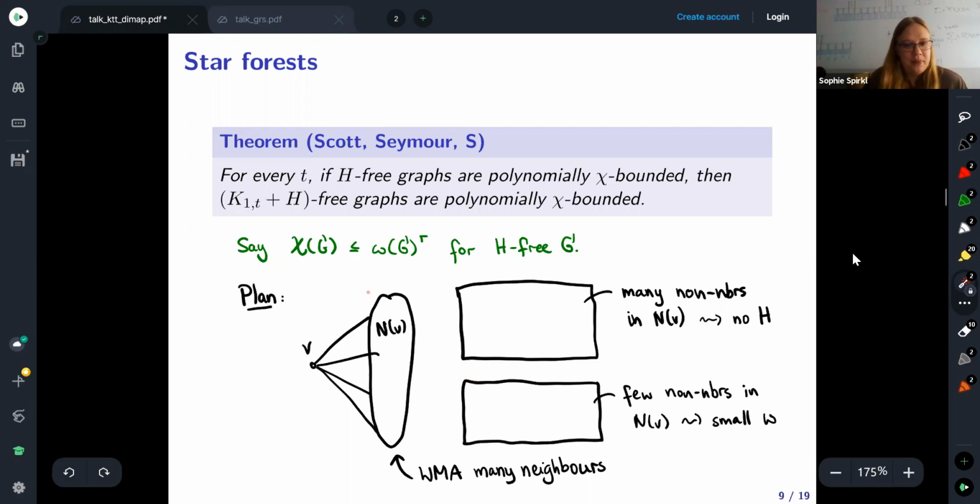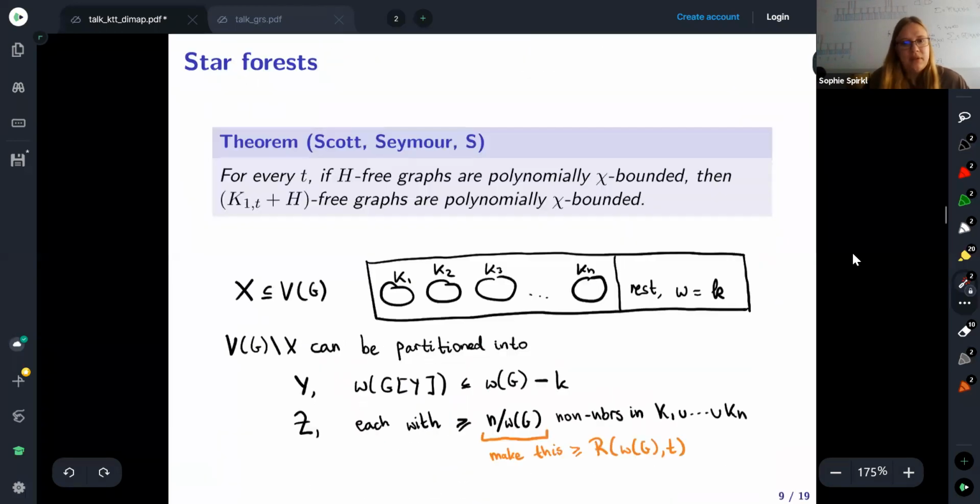On the next slide, we're going to look at this set a bit more carefully. So picture X as the neighbors of V. And what we're going to do in X is the following. We're going to say, take a largest clique in X, call it K1, put it aside, and what remains, take the largest clique, call it K2, put it aside, and what remains, take the largest clique, call it K3, put it aside, and so on, for some time where I'll tell you what N is later.